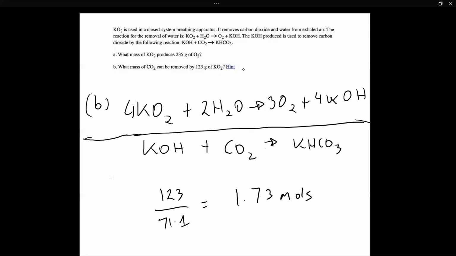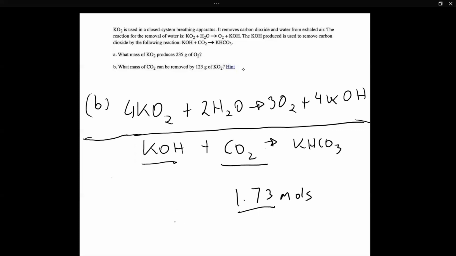Anyways, so now we know that 1.73 moles of KOH is produced over here, and 1.73 moles of KOH will react with 1.73 moles of CO2 because they are in the 1-to-1 ratio.